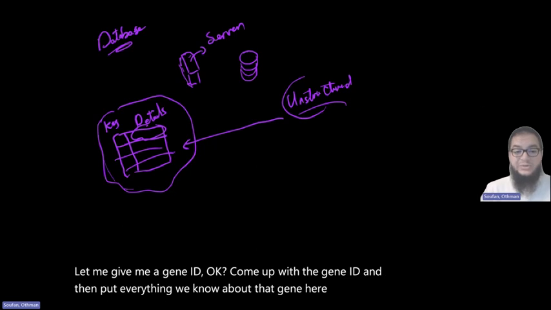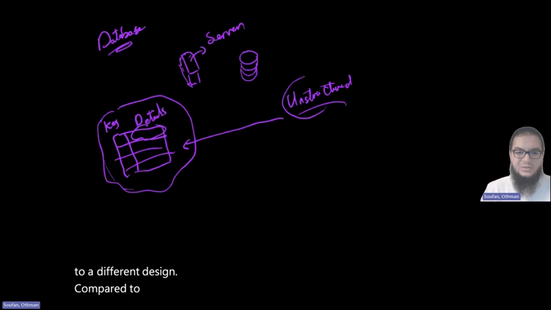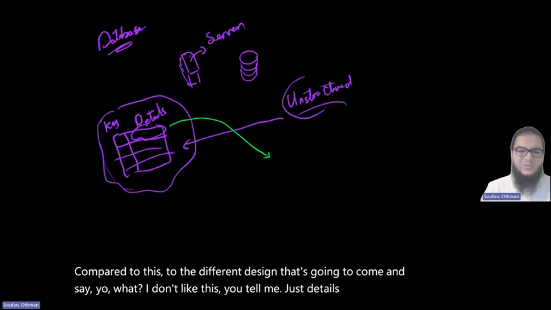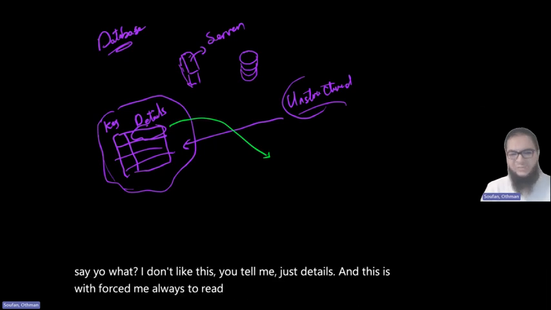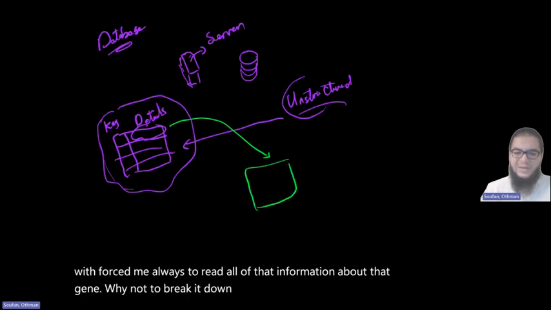Now compare this to a different design that's going to come and say, you know what? I don't like this. You tell me just details, and this would force me always to read all of that information about that gene. Why not break it down? Say I have several tables.